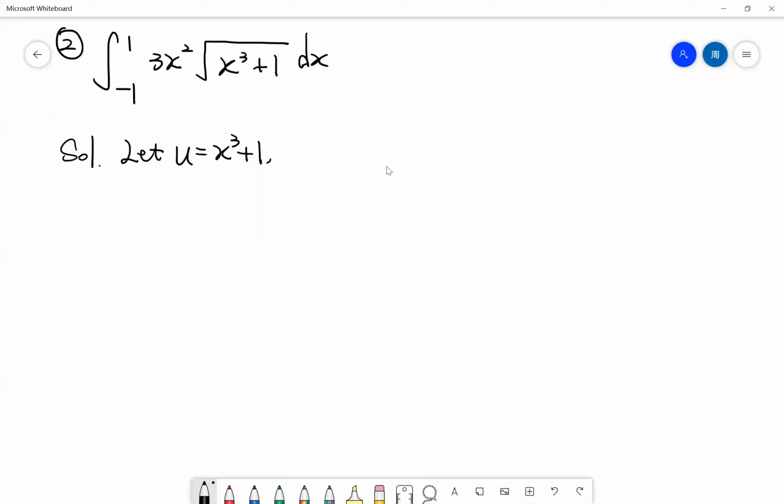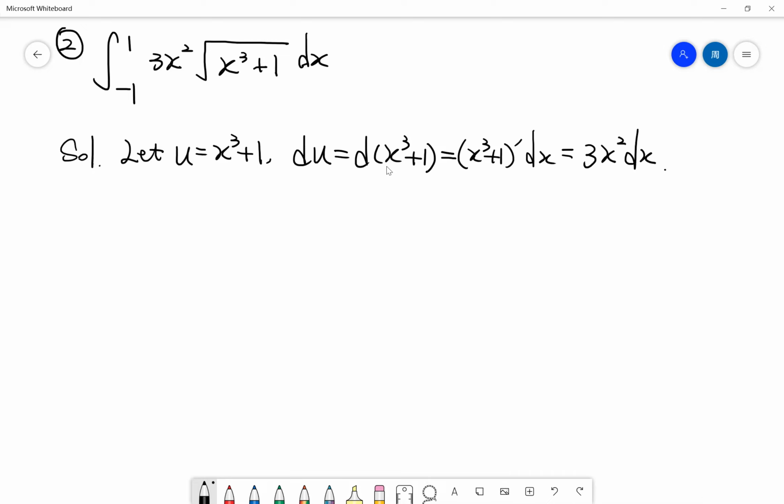And then we will find du equals d of (x power 3 plus 1), and that equals (x power 3 plus 1) prime dx, right? So that equals 3x squared dx here. So guys, you will find 3x squared dx makes du here.